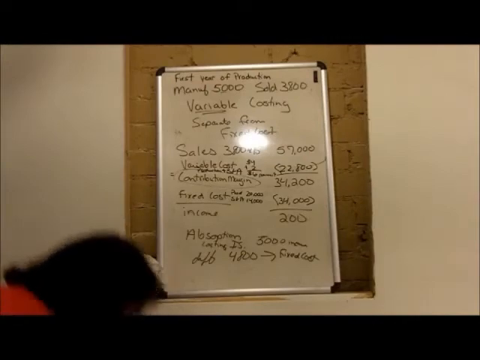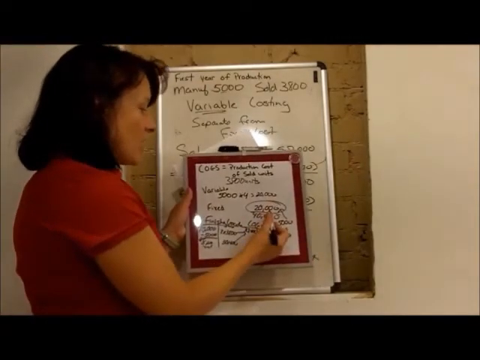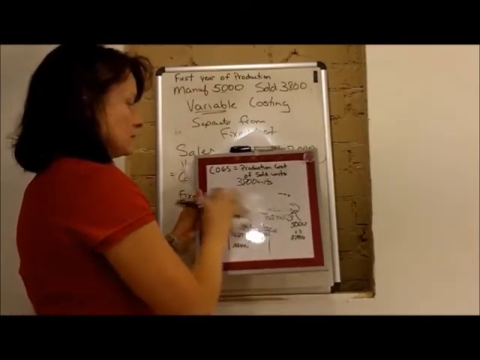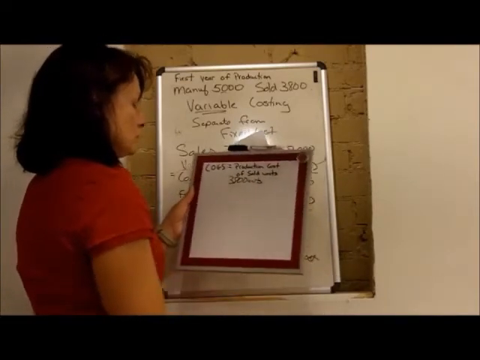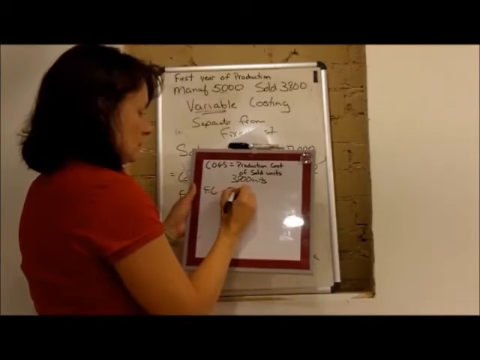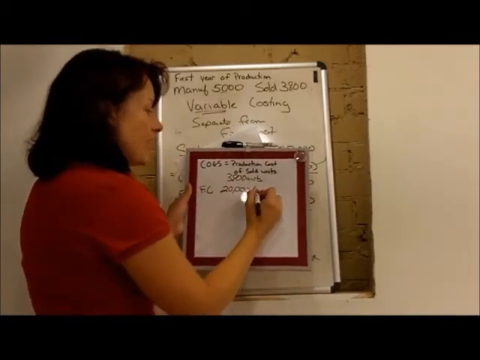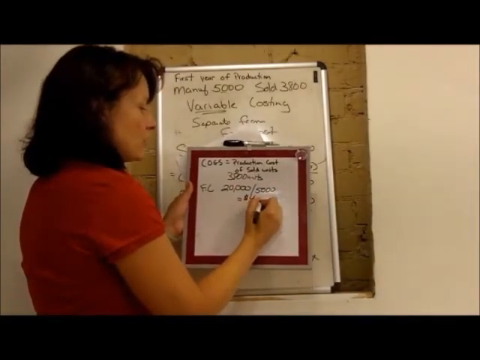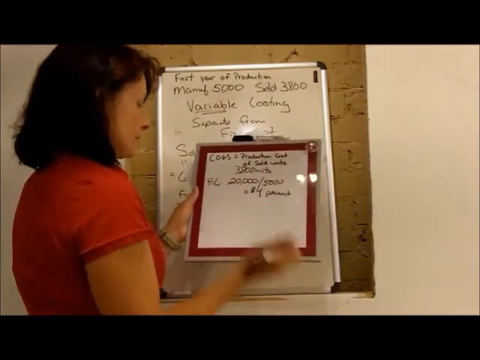Let me show that better. Remember, the fixed cost was $20,000. We produced 5,000 units, so that was $4 per unit.